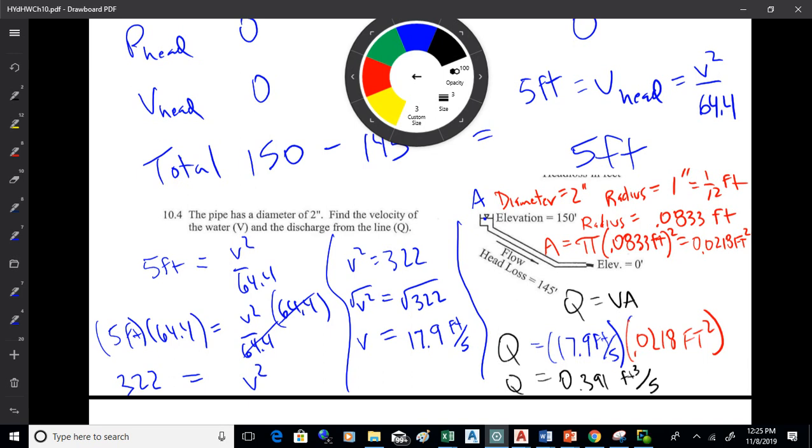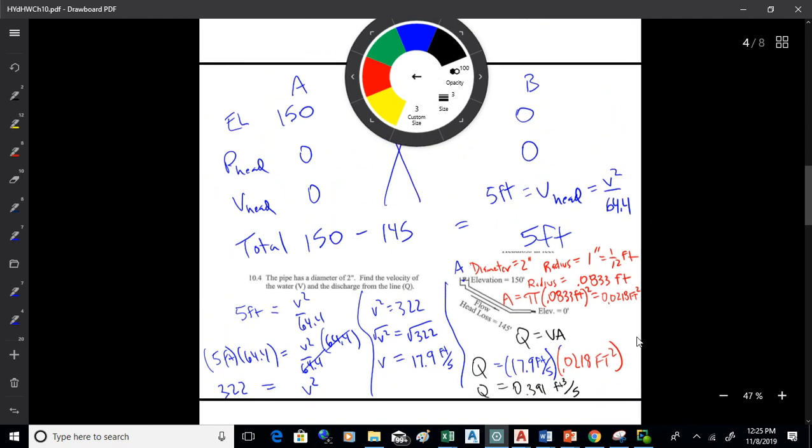So that's the deal on that one. So there's a couple things going on there, of course. One is the whole bit finding the velocity head. You know, basically you've just got an elevation of 150 feet, and you got 145 feet of head loss, so that leaves 5 feet available for the velocity head. And that's v squared over 64.4, so you can solve for v. It's 17.9 feet per second.